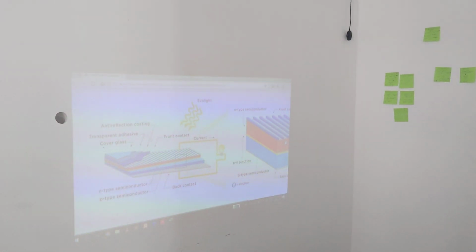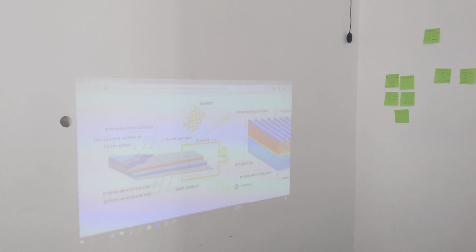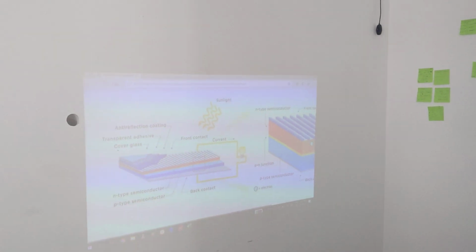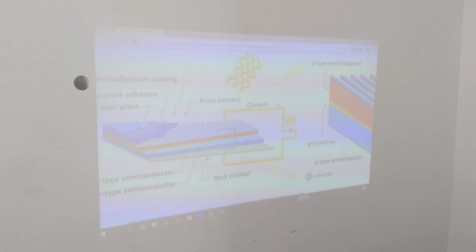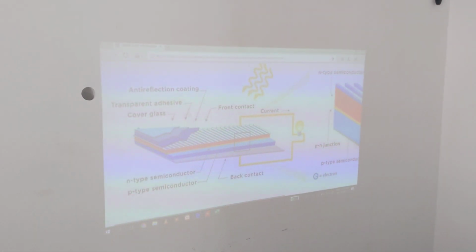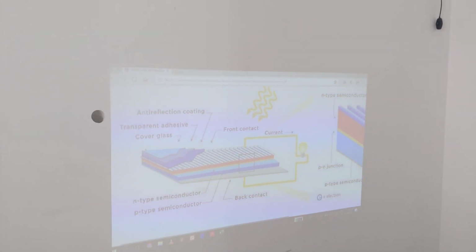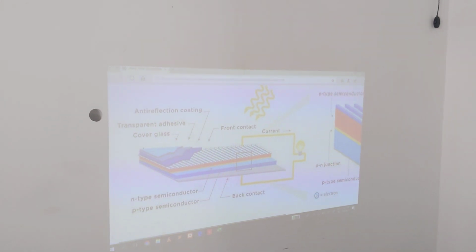You have the N-type semiconductors, which give us the negative, and the P-type semiconductors, which give us the positive. This, in collaboration with transparent adhesive, which is at the same time the silicon. So these three things come together to give you a panel.